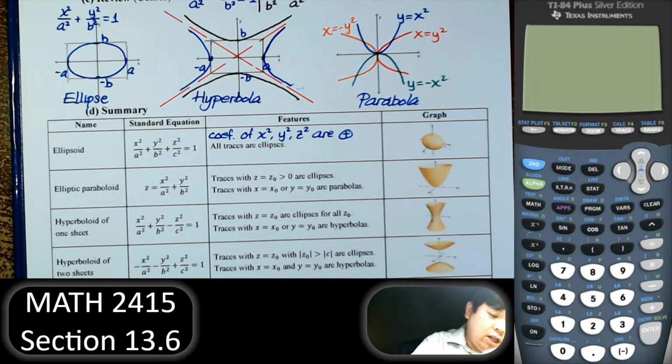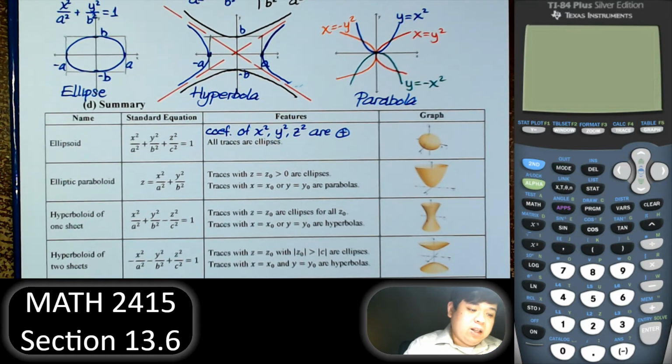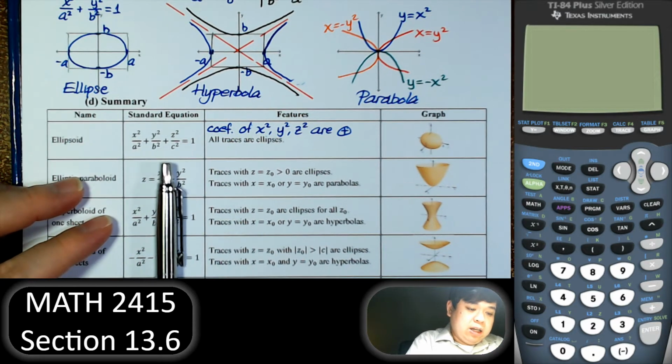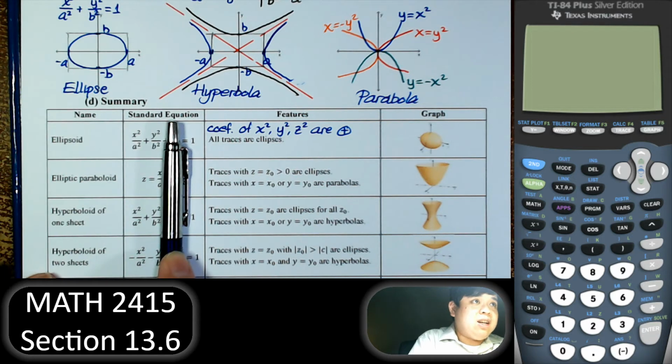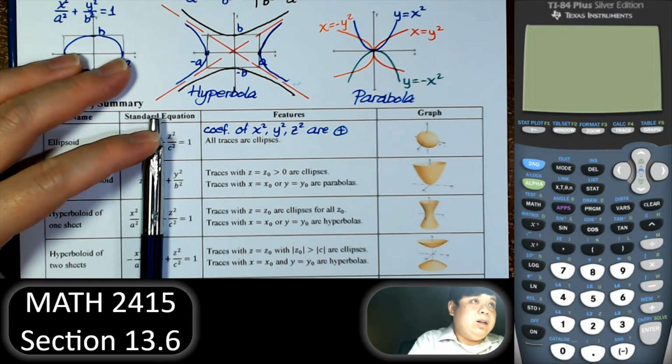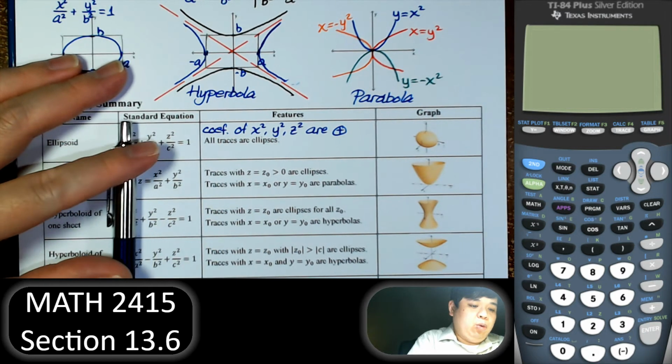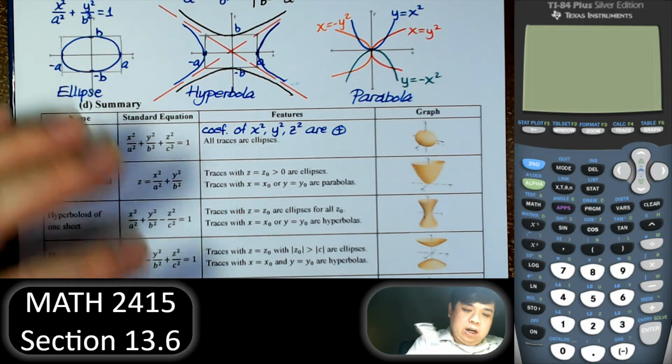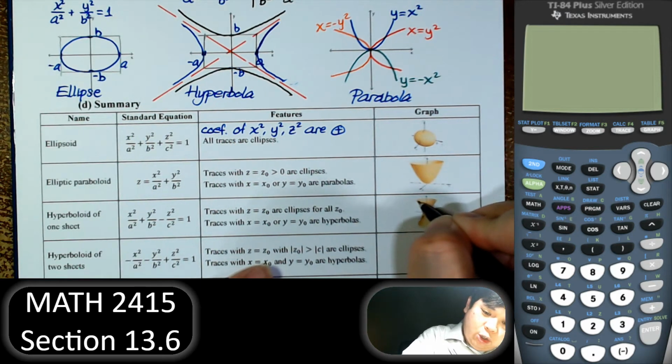Hyperboloid of one sheet. Think about this: if we have that, it is an ellipse. If we have that, it will be a hyperboloid. So I'll try to draw a trace here.